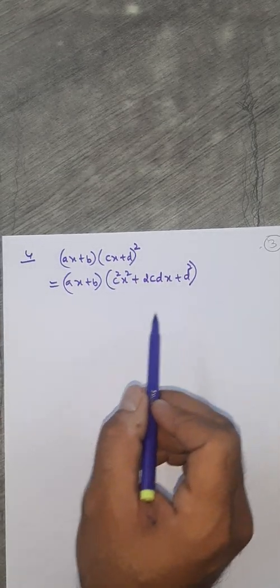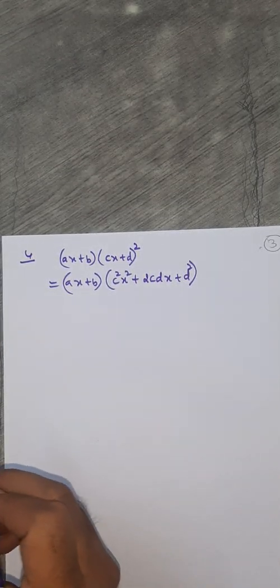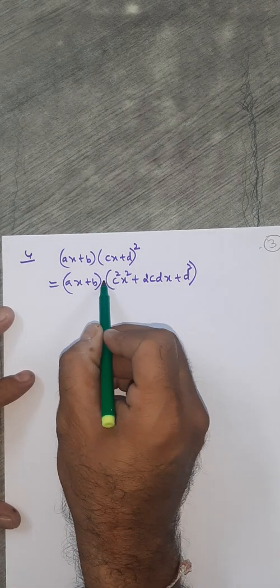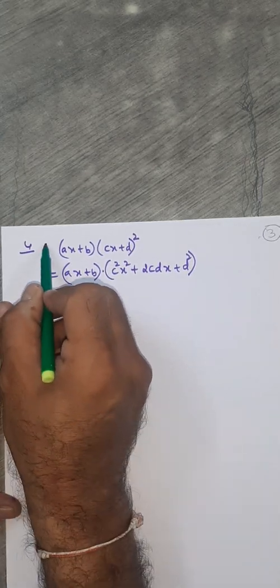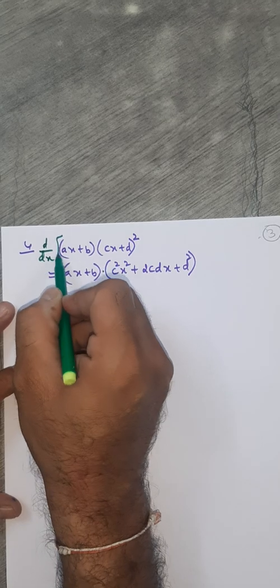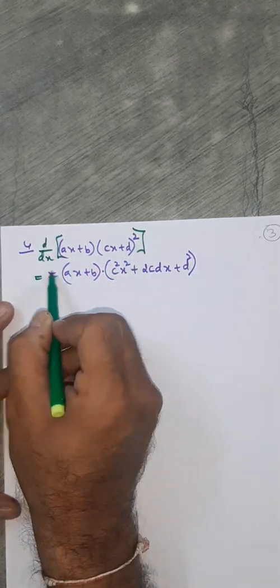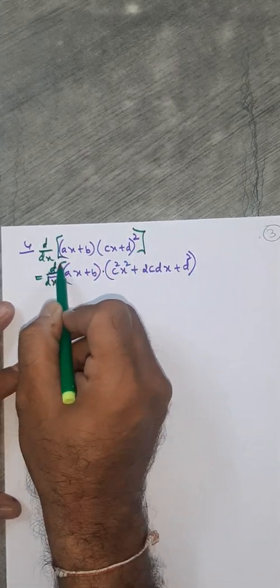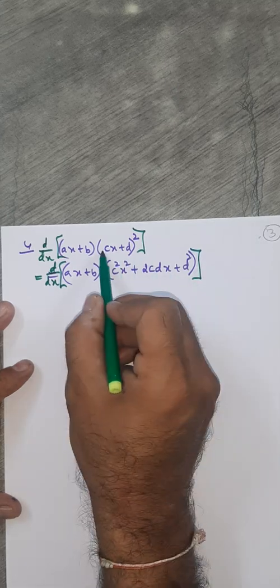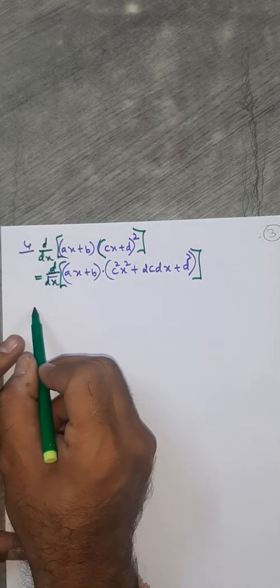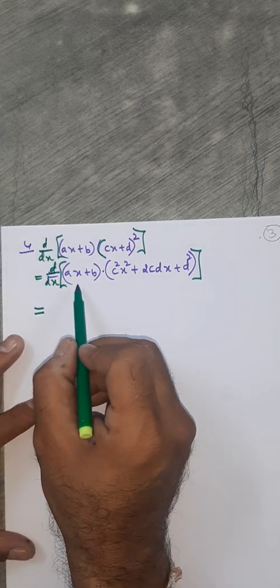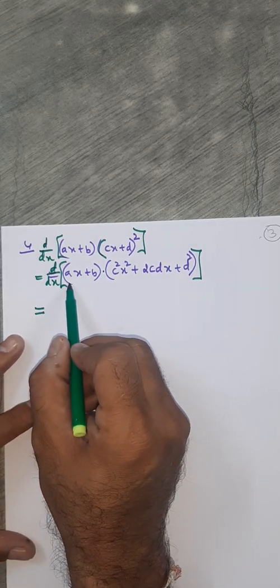You can open these two brackets and then differentiate, or you can directly use the working rule. Using the product rule, I want to differentiate this. So d by dx of this function is equal to d by dx of this. Why have we opened this bracket? Because for the whole square we don't have any formula right now. We have such things, but that we'll study later on in 12th standard, not right now.